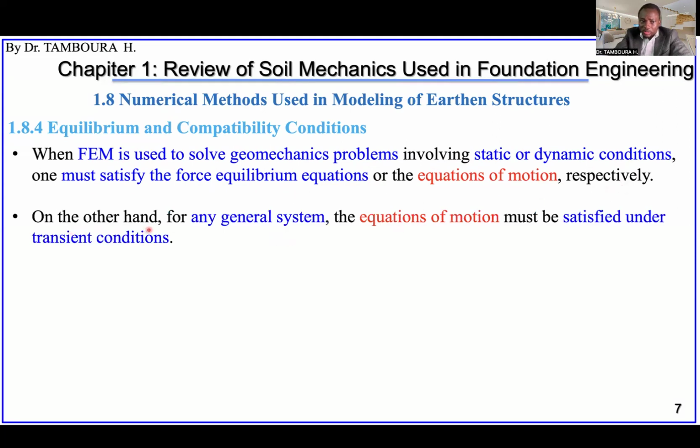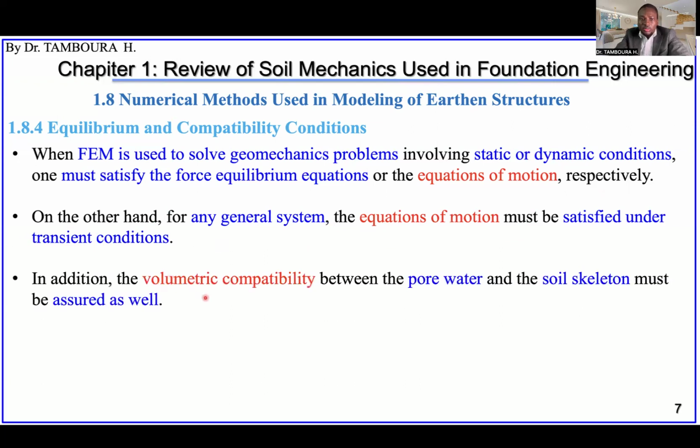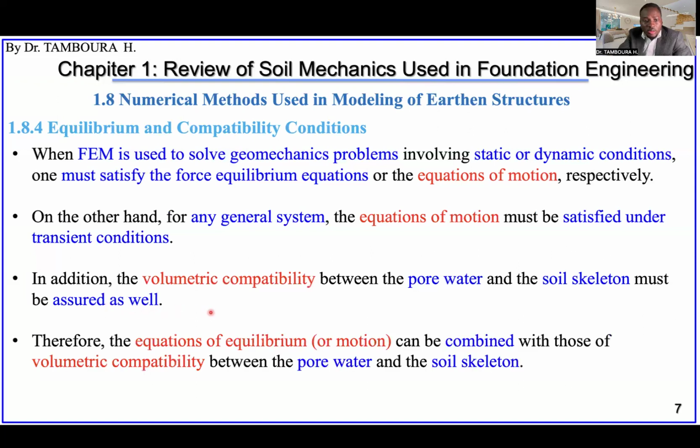On the other hand, for any general system, the equations of motion must be satisfied under transient condition. In addition, the volumetric compatibility between pore water and the soil skeleton must also be guaranteed as well. We have to guarantee that also.